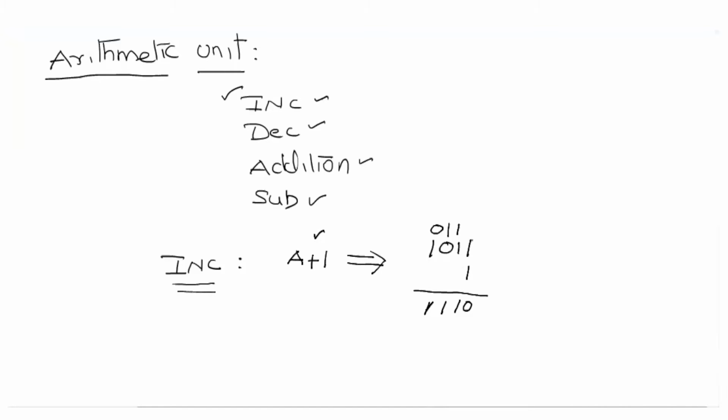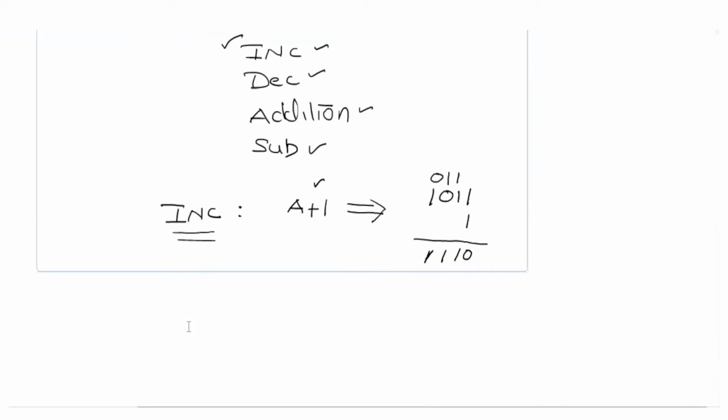In every stage, we are going for 2-bit addition, right? So we can take the help of a 2-bit addition unit from the digital circuits. That is a half adder. There is something called a half adder, which provides us with the required thing.